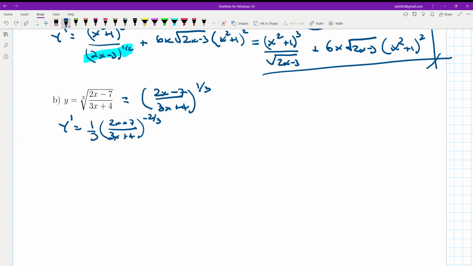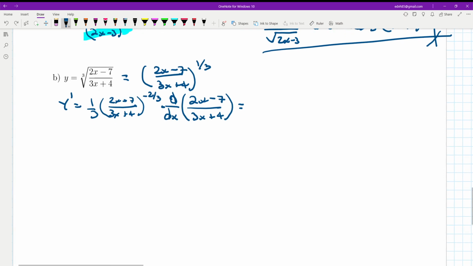That is the derivative with respect to x of 2x minus 7 over 3x plus 4. All right. So let's find the derivative of this quotient, by the way. Let me go over here. I might need space for this later. So this will be 1/3.